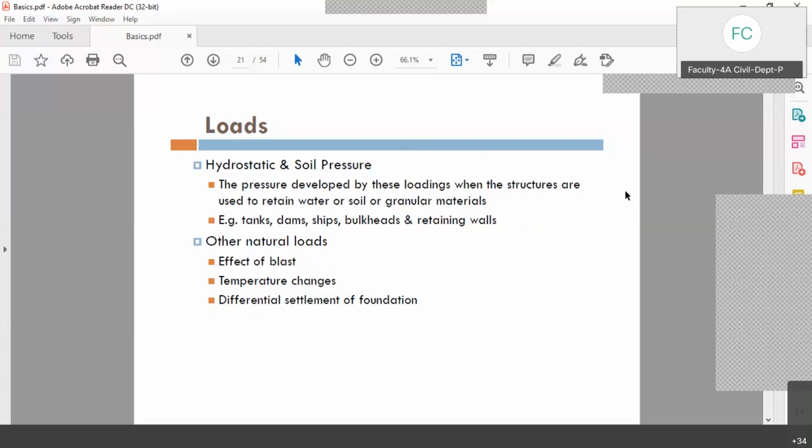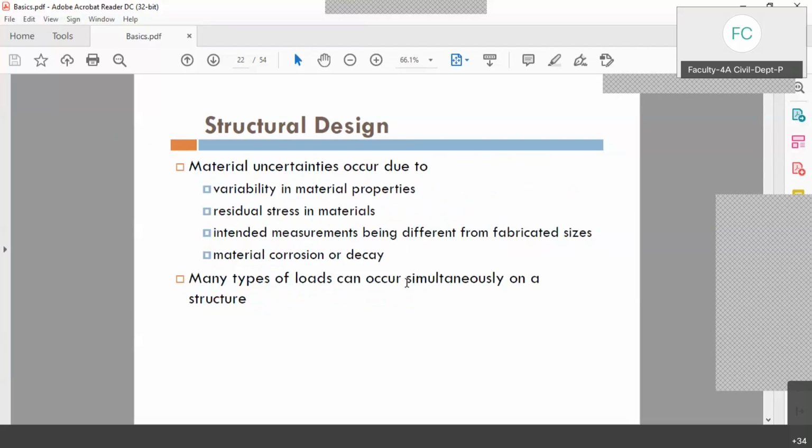And then there are other natural loads also, such as the effect of blast, temperature changes, or settlement of the foundation. So depending upon that, you will have to do the structural design as well.